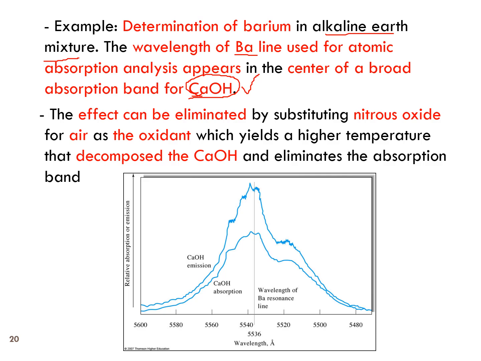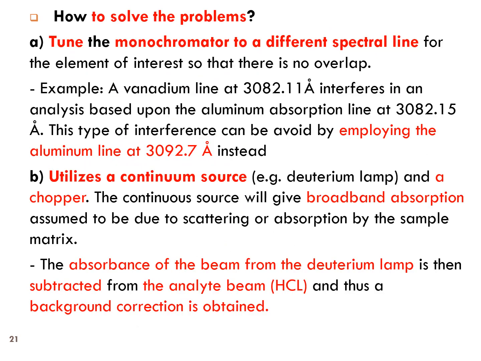So benda ni boleh di-eliminate bila kita guna nitrous oxide as the oxidant. Kalau korang ingat, untuk flame dia ada oxidant dengan fuel. Okay, so kita guna yang nitrous oxide punya flame sebabnya dia akan produce higher temperature flame daripada acetylene dengan air. So dia akan menyebabkan calcium hydroxide ni decompose and eliminate the absorption band.